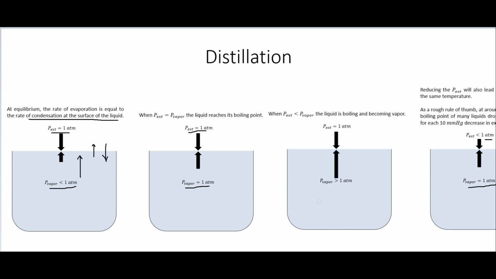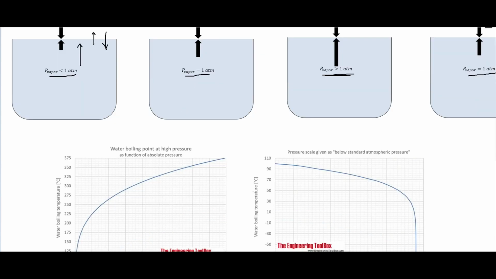But we can also increase the vapor pressure of our solution above the external pressure of the atmosphere, and then we will also start to see boiling occurring. This will happen if we heat the liquid up enough, which we will talk about in a little bit.